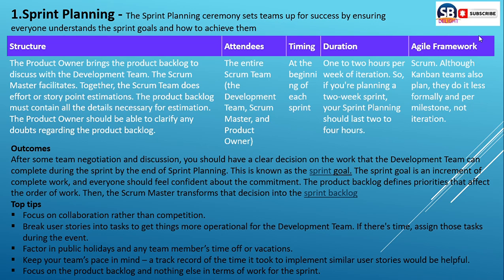Top tips means five things that are most important. First, focus on collaboration rather than competition. Second, break user stories into tasks to make them more operational for the development team. If there is time, assign those tasks during the event. Third, factor in public holidays and any team members' time off or vacations.